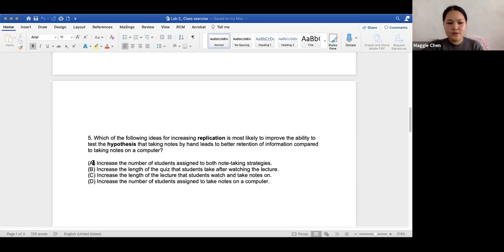So the replication would increase. We would put in more students for both of those groups, and that would increase replication and improve the final ability to test our hypothesis. So we can lean towards A. We would just put more students in both note-taking groups.